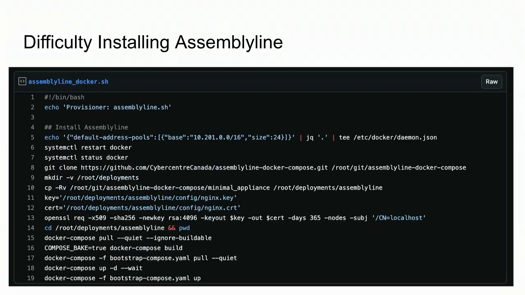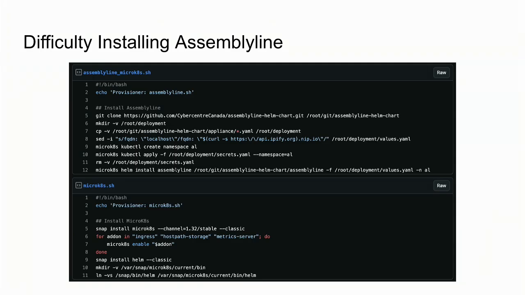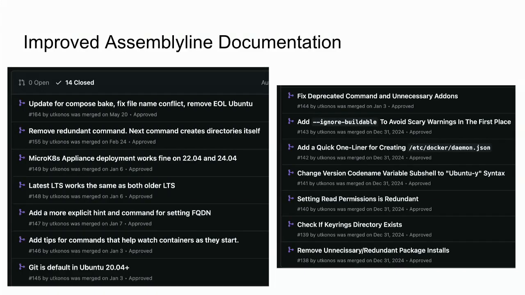So this is just to get Docker up and running. And then this is the Docker variation of Assemblyline. This is the Docker appliance deployment of Assemblyline. And then I went through and made sure that the Microk8s appliance documentation was also correct. And then I submitted a bazillion pull requests for the documentation.